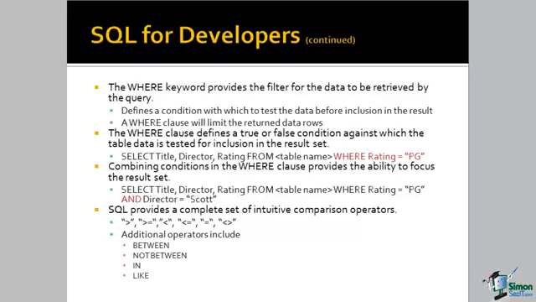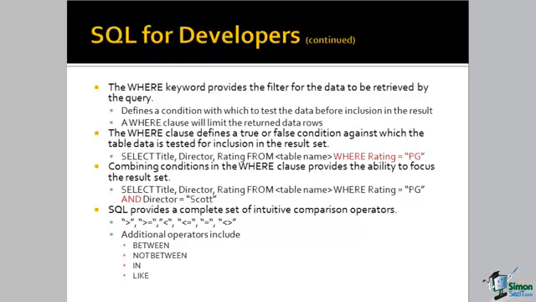The where clause is going to help us limit the number of rows returned from the table. In a where clause of a select statement, we define a condition that's used to test each row of data in the table for inclusion in the result set. The where clause defines a true or false condition which is tested against some column in the table and decides whether or not that row is included in the result set.